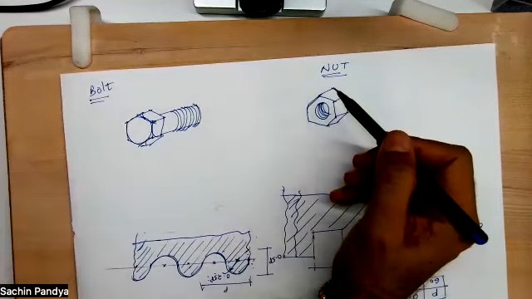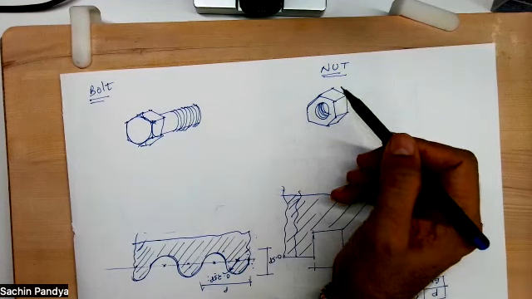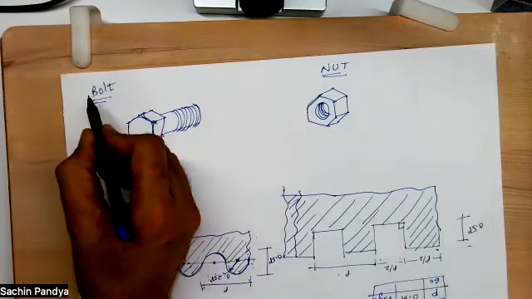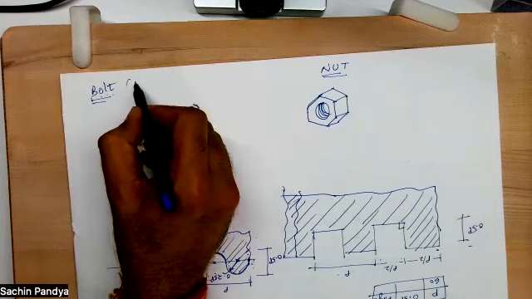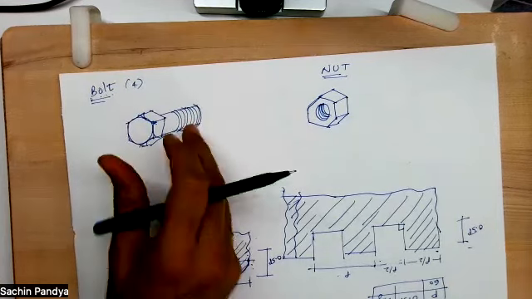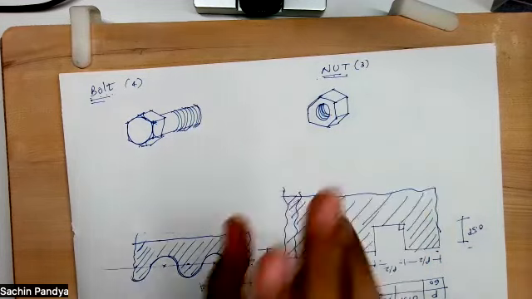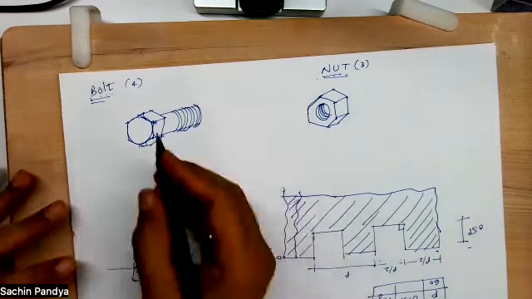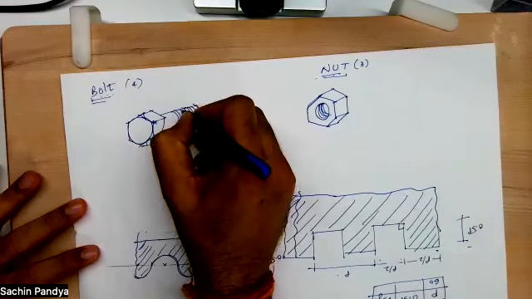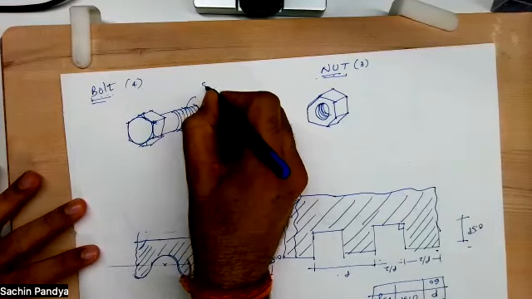Let's say if I'm very dumb and I don't know the difference, at least I know BOLT is a 4-letter word. That means it's big. NUT is a 3-letter word. It's small. That way also you can remember. On a bolt, you have external threading. This threading is called external threading.